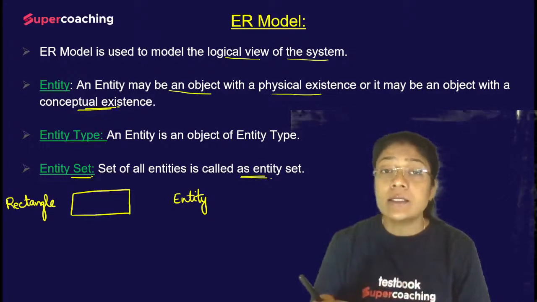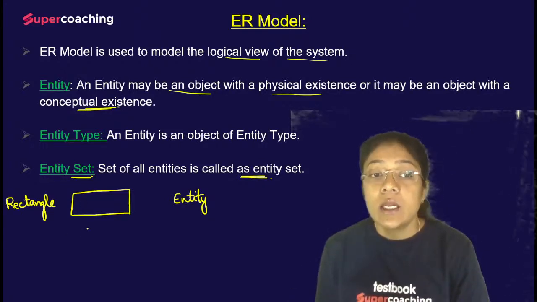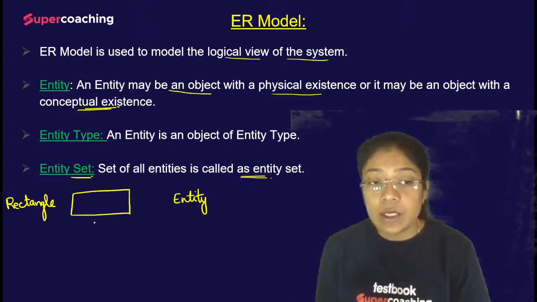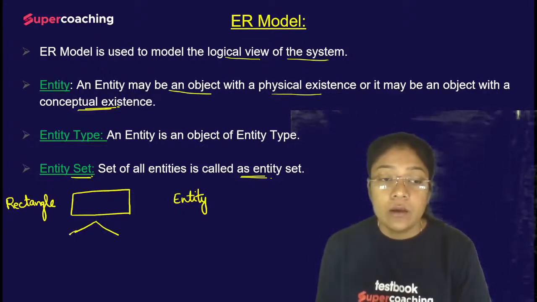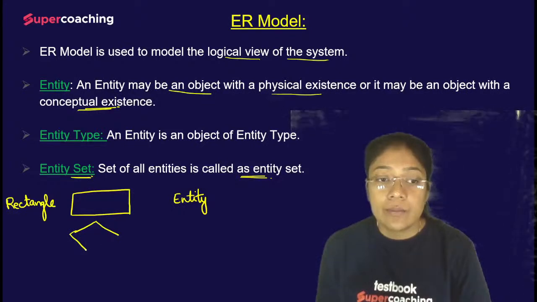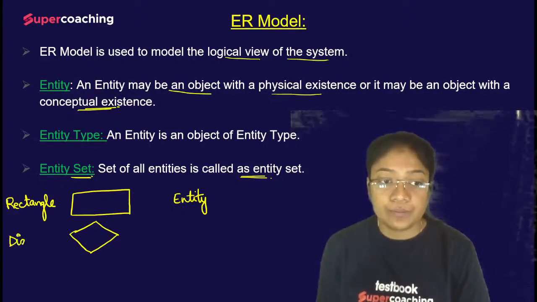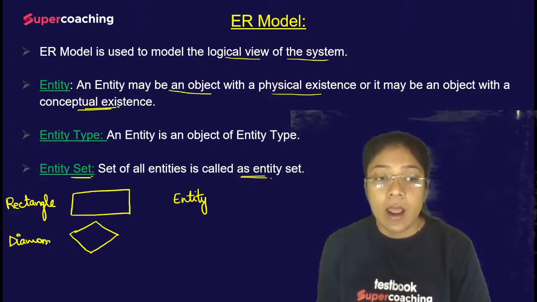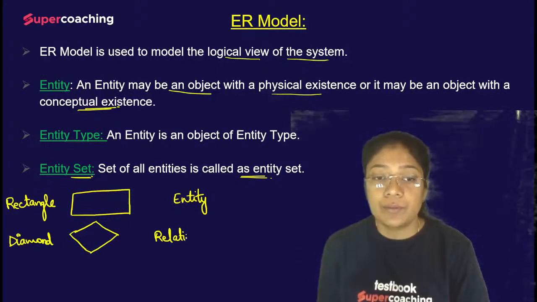So there is some relationship required. In order to represent the relationship, we are going to use a diamond sign. This is a diamond and it is used to represent the relationship.